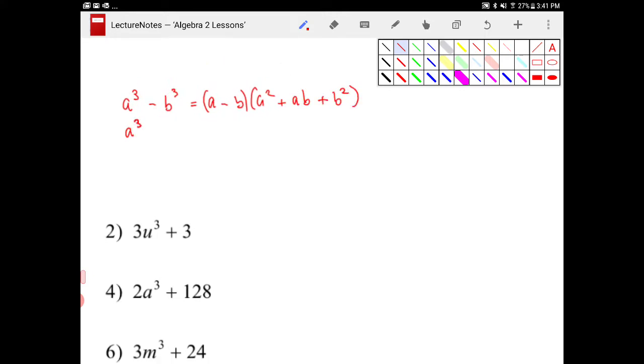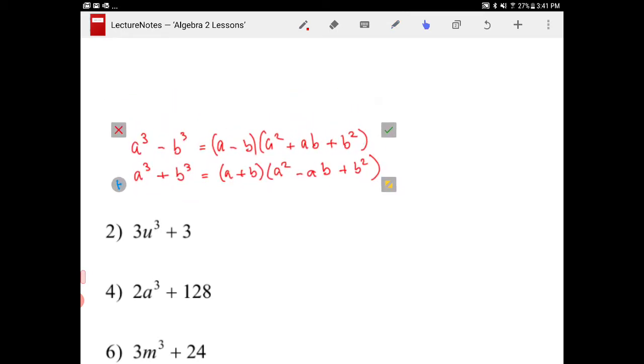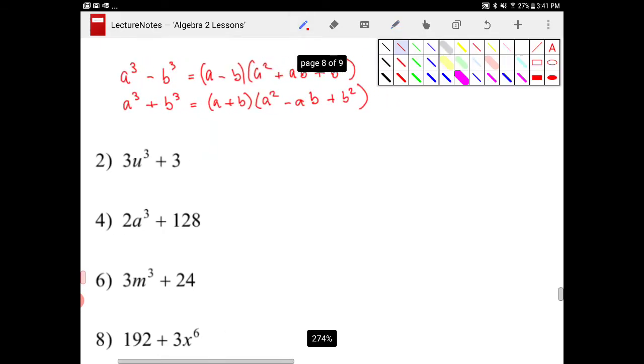And the sum of cubes takes on the form of a plus b times a squared minus ab plus b squared. Having this in the back of your mind as we go through the problems is important, so I want to leave it right there. If you do this enough, you'll have this internalized so that you don't have to refer to it.